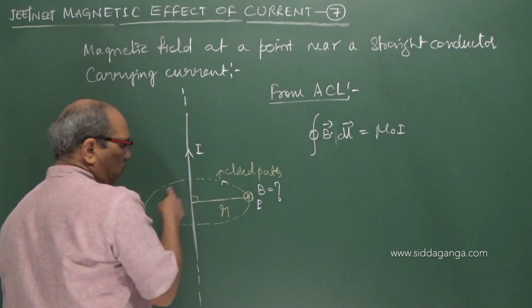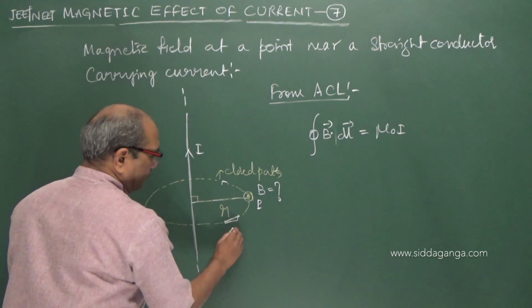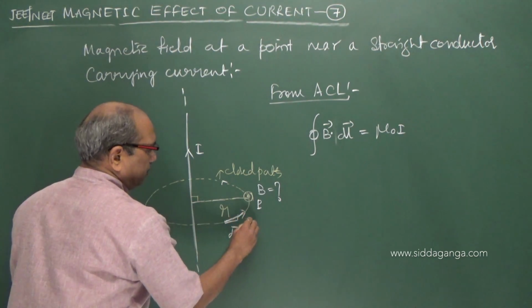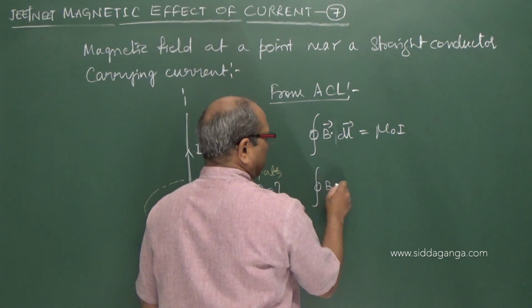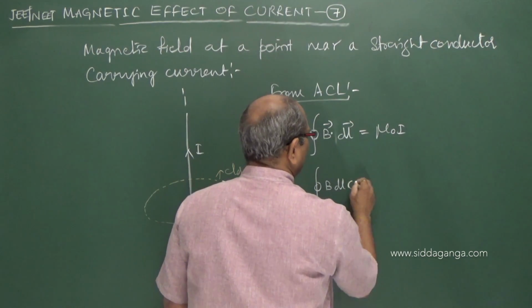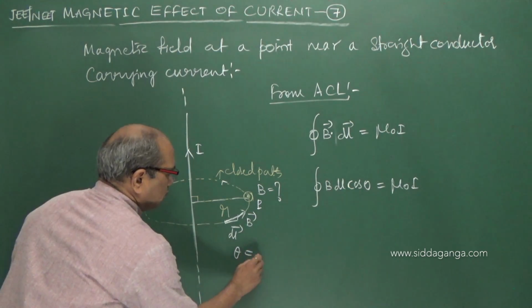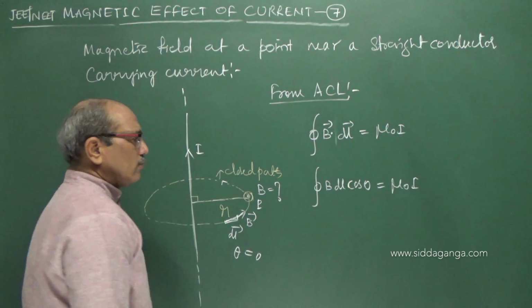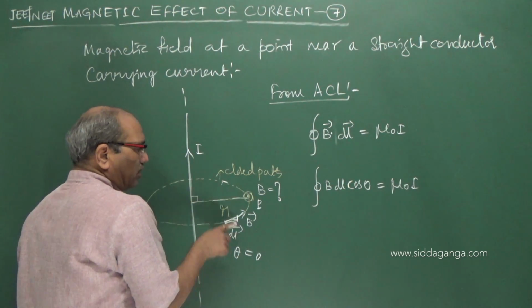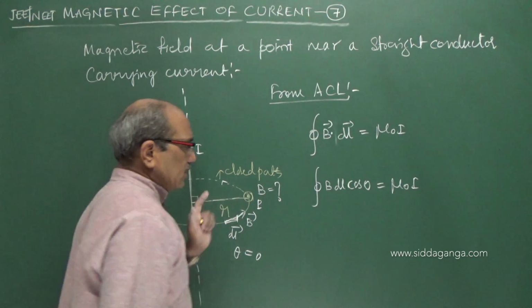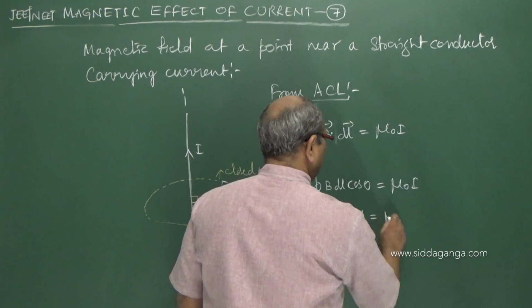At any point you consider, the dl and the direction of B are both the same, theta is 0. Even though it is a dot product, I made it separate: B dl cos 0 is equal to mu naught I. Theta is 0 here, B and dl are in the same direction. I take a small elemental length of the closed path as dl, and the magnetic field along that direction is the same. Cos 0 is 1, so B into the integral of dl equals mu naught I.